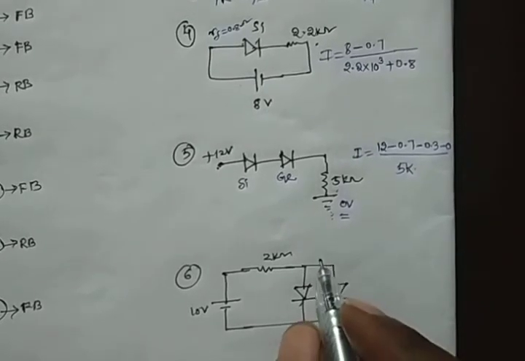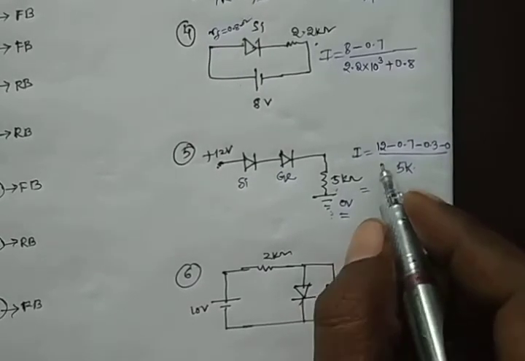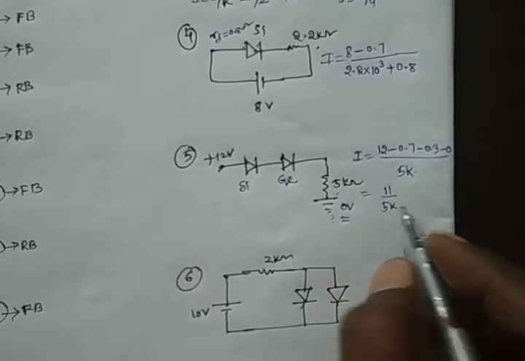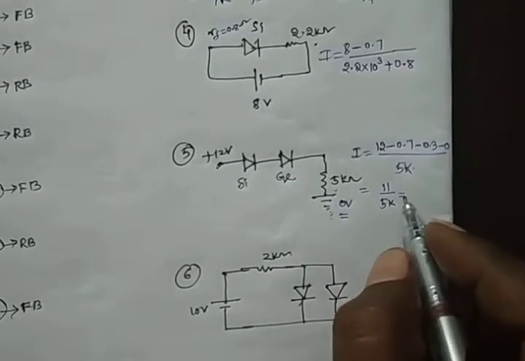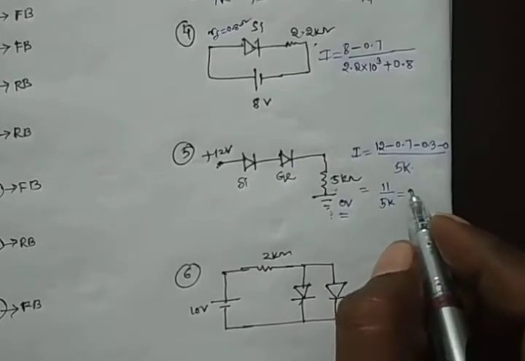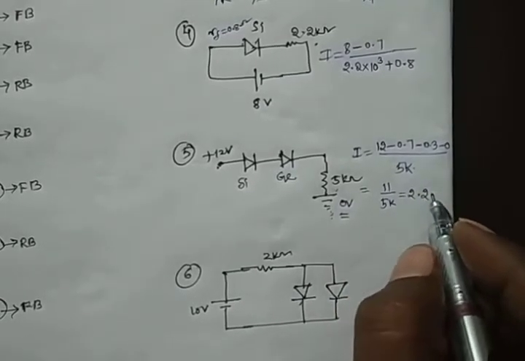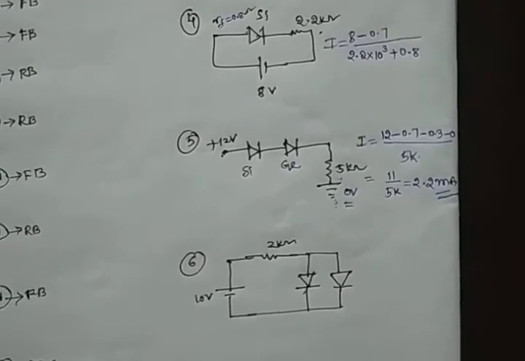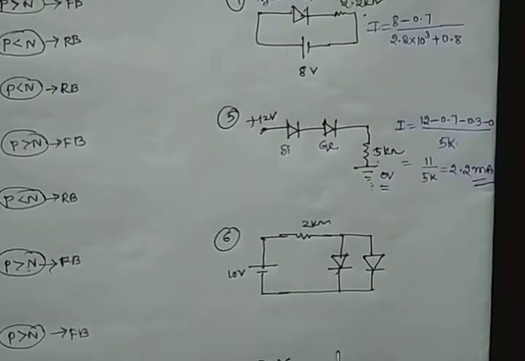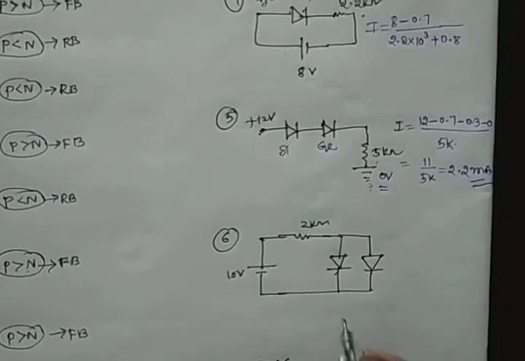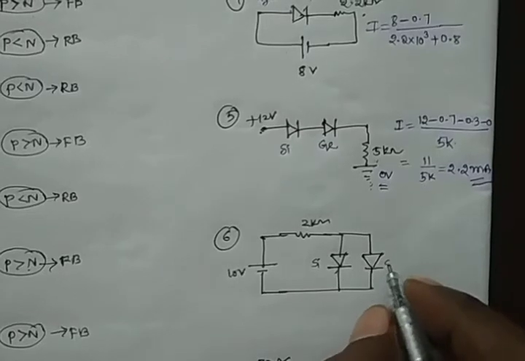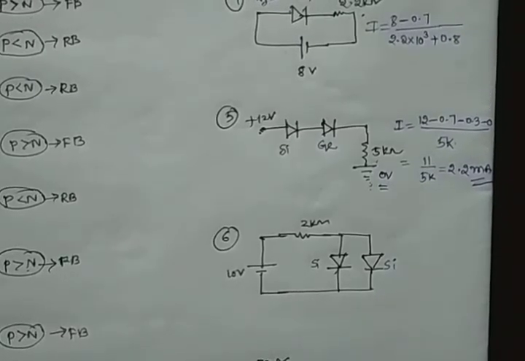K means kilo. So you will get 12 minus 1, 11. 11 by 5k. So 11 by 5 means 2.2 milliamperes.